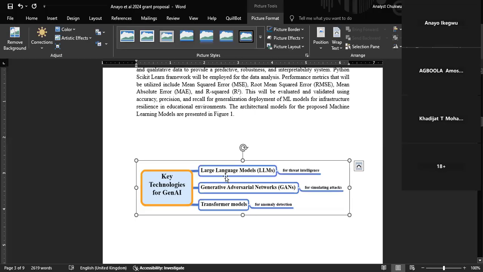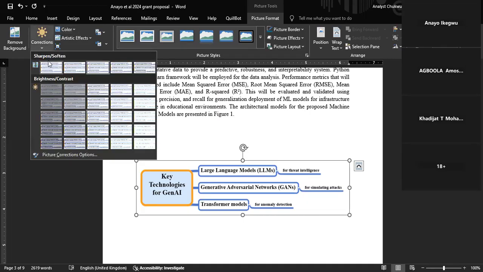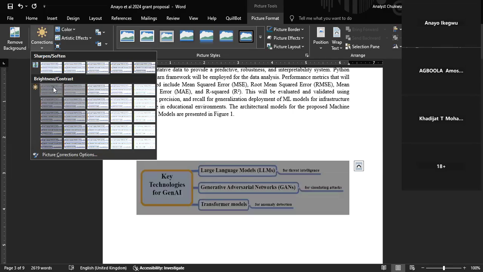Yes, sir. Okay, under this image now, if I go to color, brightness, this is sharpen or soften. As I'm touching, this is brightness 20%, contrast minus 40%.